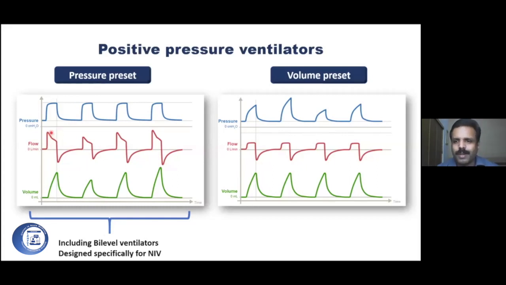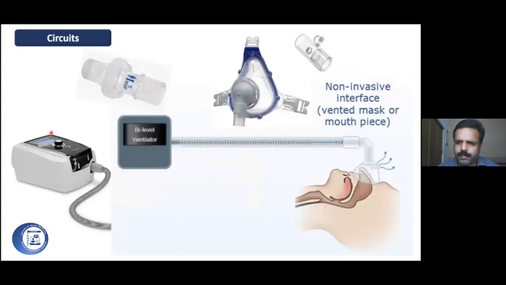I'm not going to make it complicated, don't worry. This is just to understand the concept between pressure and volume control. As I've already told, here in NIV, we'll be concentrating only on pressure preset. But when you are using a ventilator, you should know what a pressure control and a volume control are.